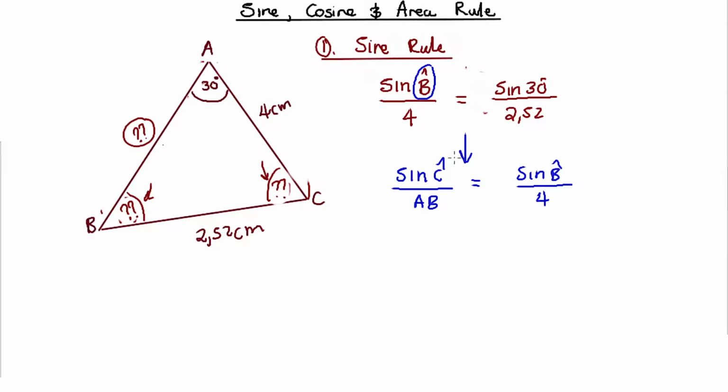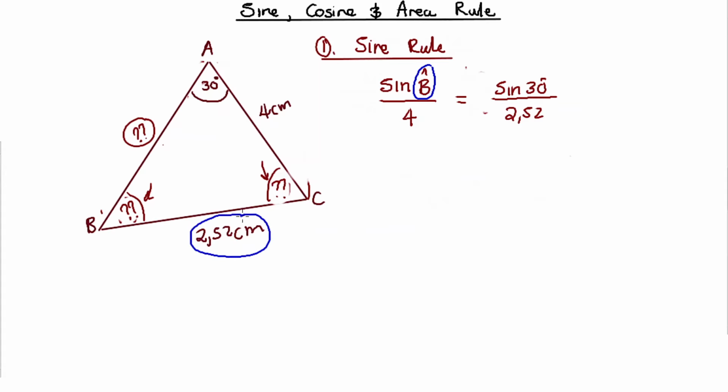Now there's a problem: I have 3 unknowns in this equation. You need to take ratios where there's only one unknown. That is why I went with sine B over 4 and sine 30 over 2.52.